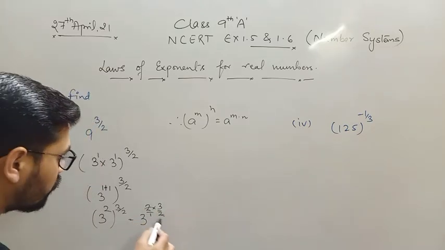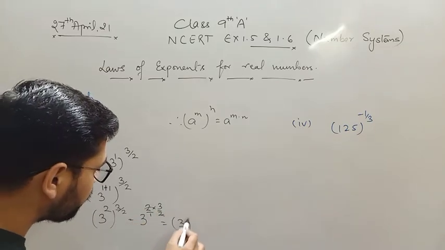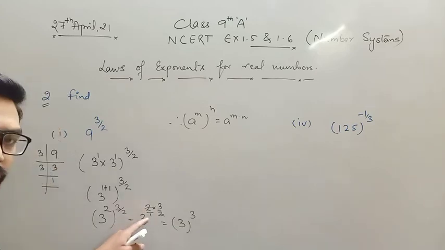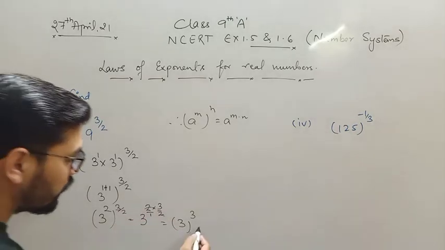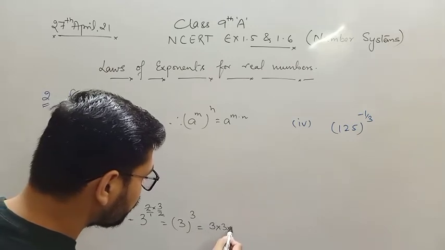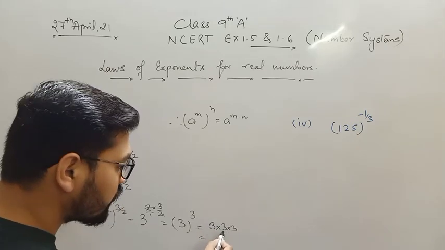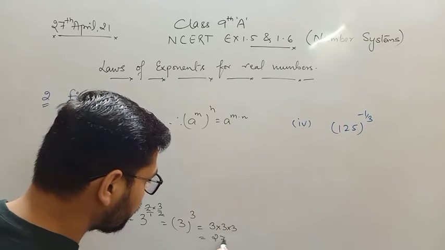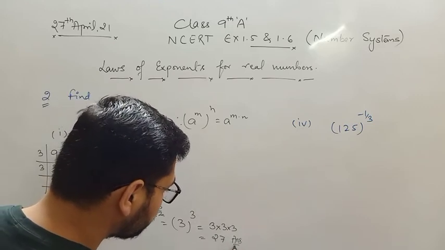So 2 1s are 2, so what will I get? 3 ki power 3, and 3 ki power 3 can be written as 3 into 3 into 3, that is equal to 3 3s are 9, 9 3s are 27. So this is your answer.